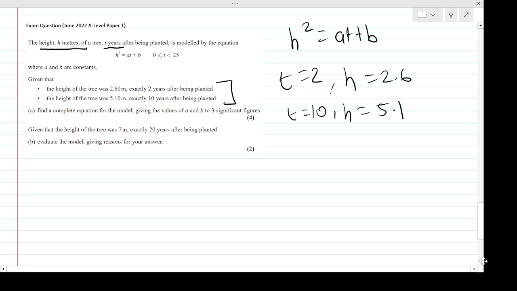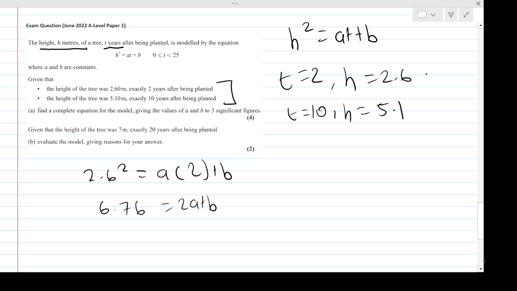Well, I can then substitute these values into the equation and see what I get. If I substitute the first bit of information, with t is 2, then 2.6 squared for h squared is a lots of 2, add b. Put 2.6 squared in a calculator, that is 6.76 equals 2a add b.